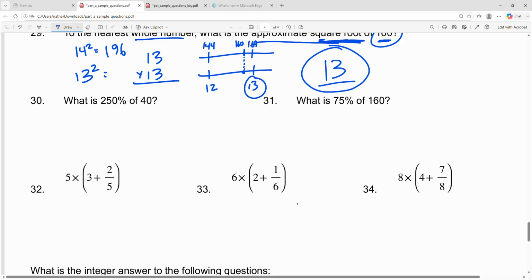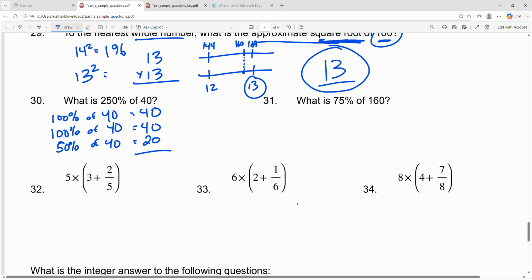So 250%, we could break that up into 100% of 40, another 100% of 40, and then 50% of 40. 100% of 40 is 40, the whole thing. 100% of 40 is 40 again, and 50%, which is half of 40, would be 20. So 40 and 40 is 80, 80 and 20, 100.